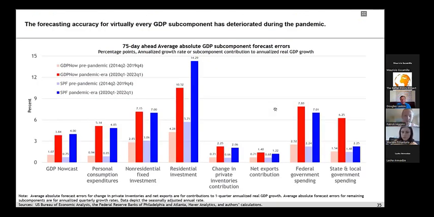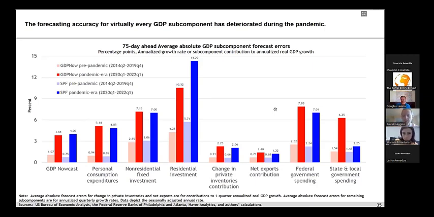These are the average errors for the subcomponents. I think the faded lines are pre-pandemic. They're the average, either the growth rate itself or the contribution to growth. The blue is the Survey of Professional Forecasters, and the red is GDPNow.